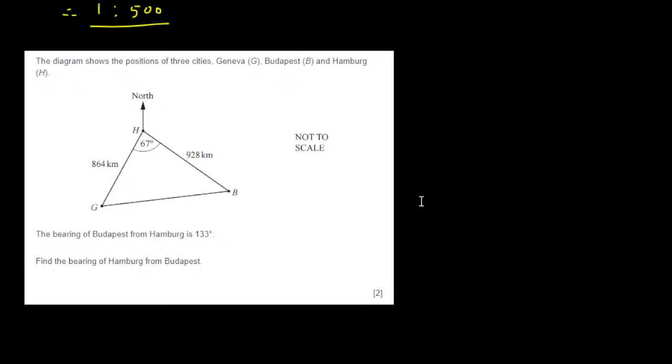The bearing of Budapest from Hamburg is 133. Find the bearing of Hamburg from the Budapest. Okay, you try this question. I'll be back in 1 minute.